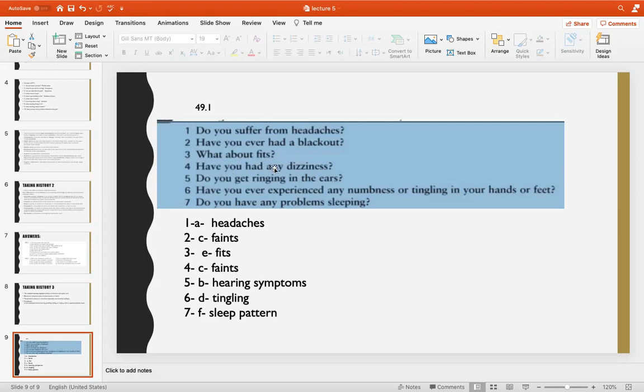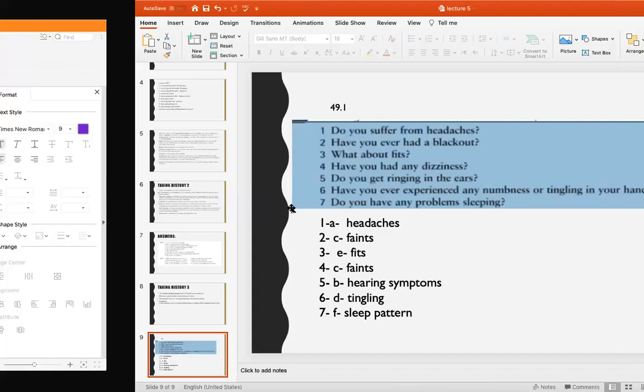Faints, like have you had any dizziness? Hearing symptoms like do you get ringing in the ears? Tingling, like have you ever experienced any numbness or tingling in your hands or feet? Sleep pattern, like do you have any problems sleeping?